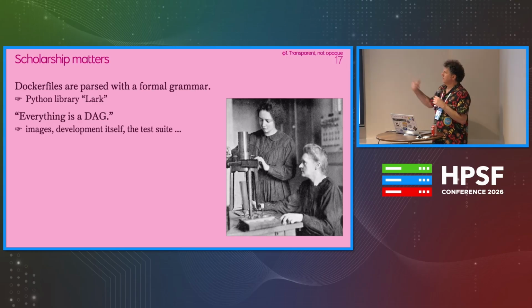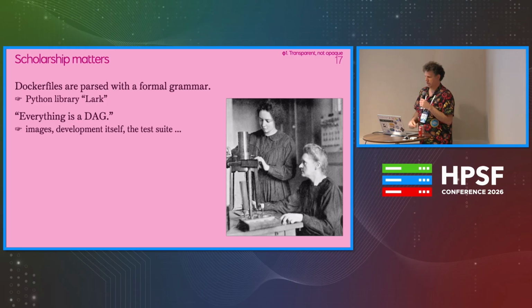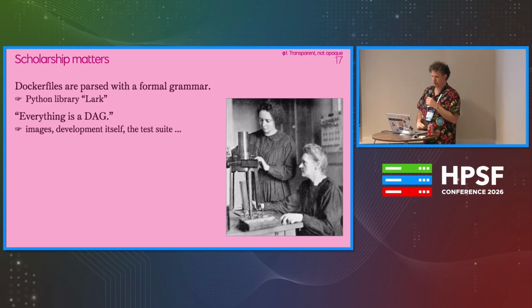Another view on transparency is that scholarship matters, right? Some concepts we have explicitly brought into Charliecloud are like Dockerfiles. We have a formal grammar for parsing Dockerfiles. I've not been able to find one anywhere else. There's a Python library that we use to parse it. This thing that has come up recently in the past year or two is that everything is a DAG, a directed acyclic graph.